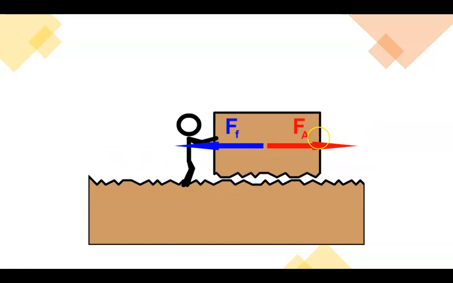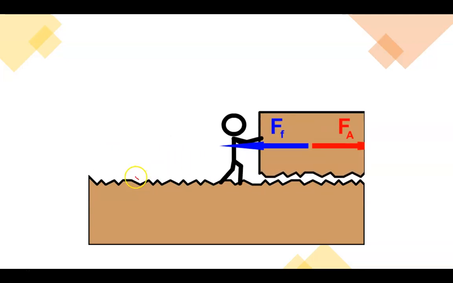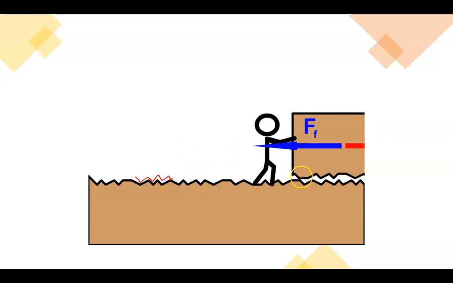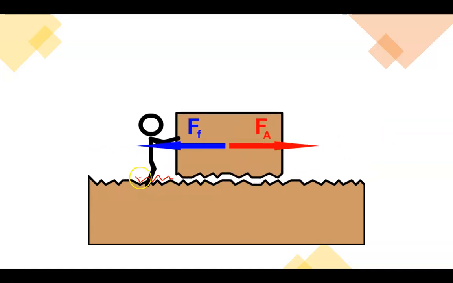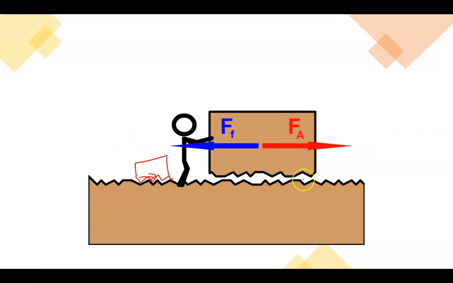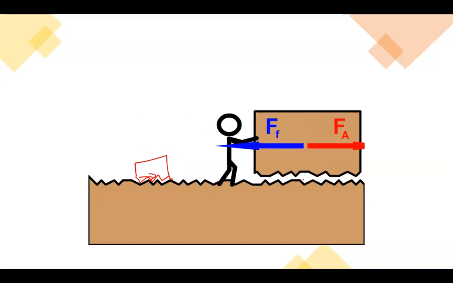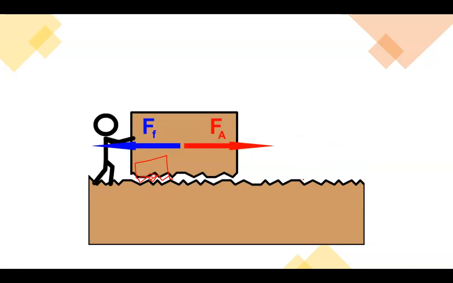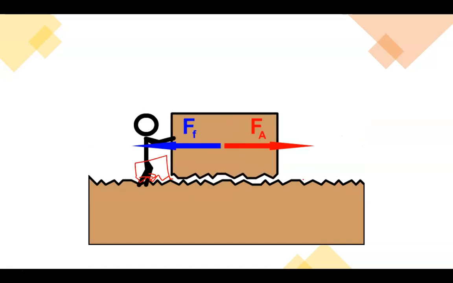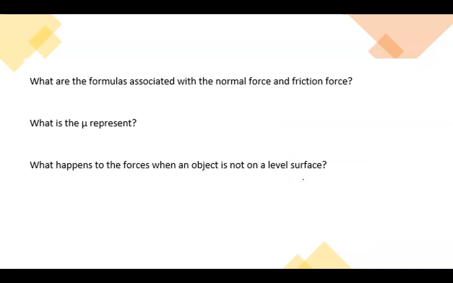Now, there's a force being applied to the right, which means friction is moving to the left here, but if we had an object that was sitting in here as opposed to just bumping over the top, it would be a lot harder for us to move said object than just gliding over the tops of the bumps, which is why static is more difficult. It is more difficult for us to get things moving than to keep them moving.